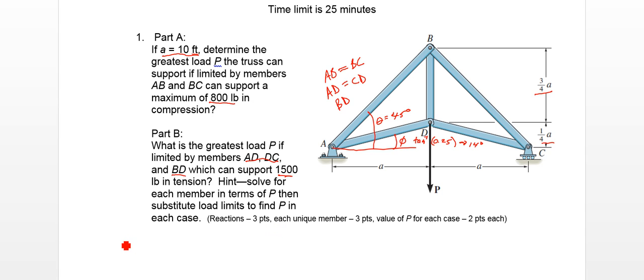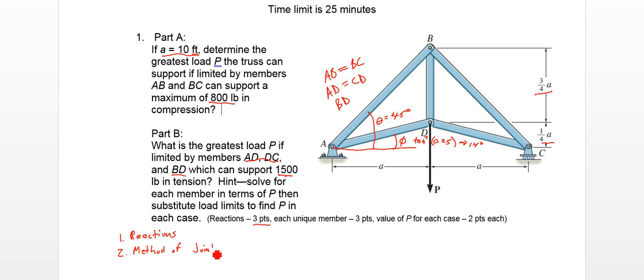Alright, so what is our approach? Step 1, we're going to find the reactions. And you can see here in the rubric, or how you get your points, we get 3 points for that. Then we'll do method of joints. We'll have to do 2.